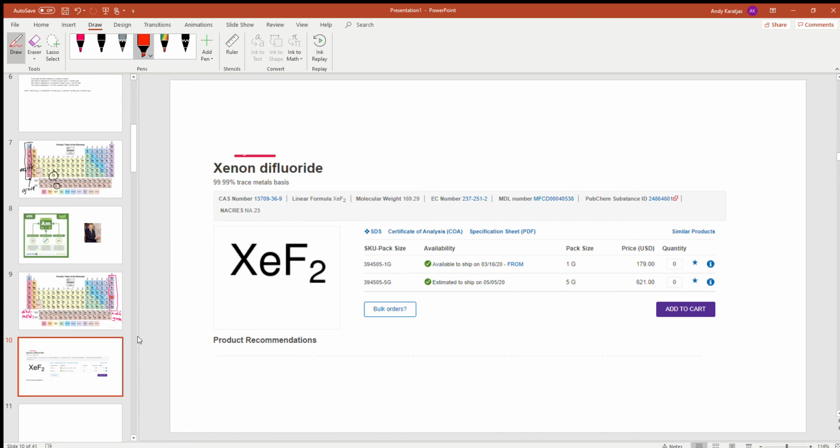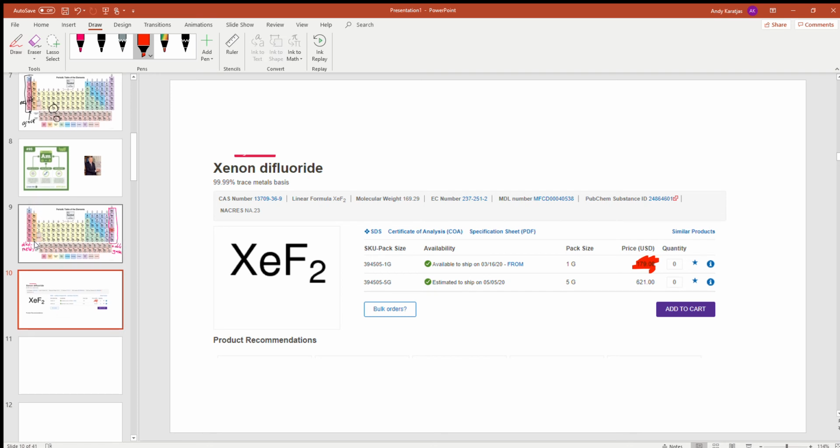And here you can see not only does xenon bond to form a compound, but xenon difluoride is actually stable enough that it's commercially available and you can buy it. It's expensive. Yes, it's actually $179 for 1 gram of it, but it does exist as a compound.